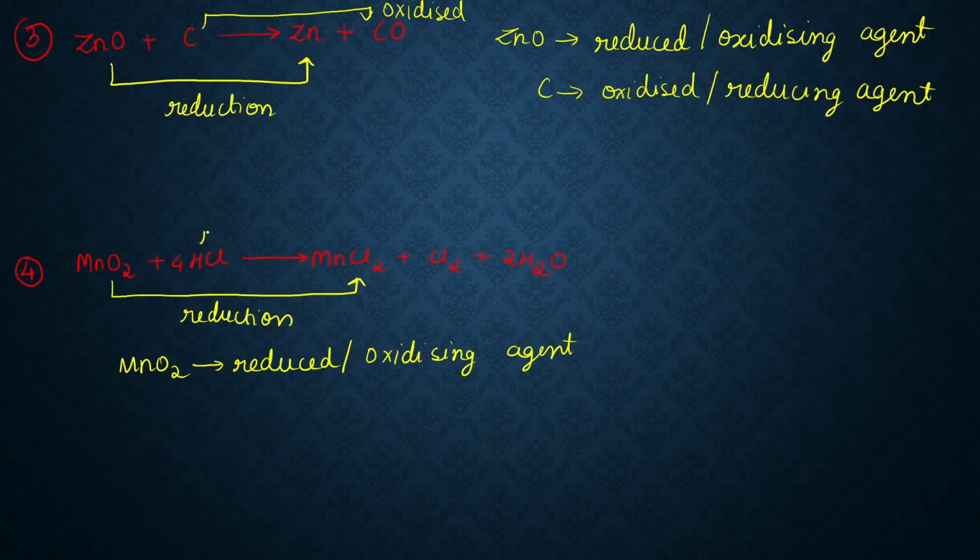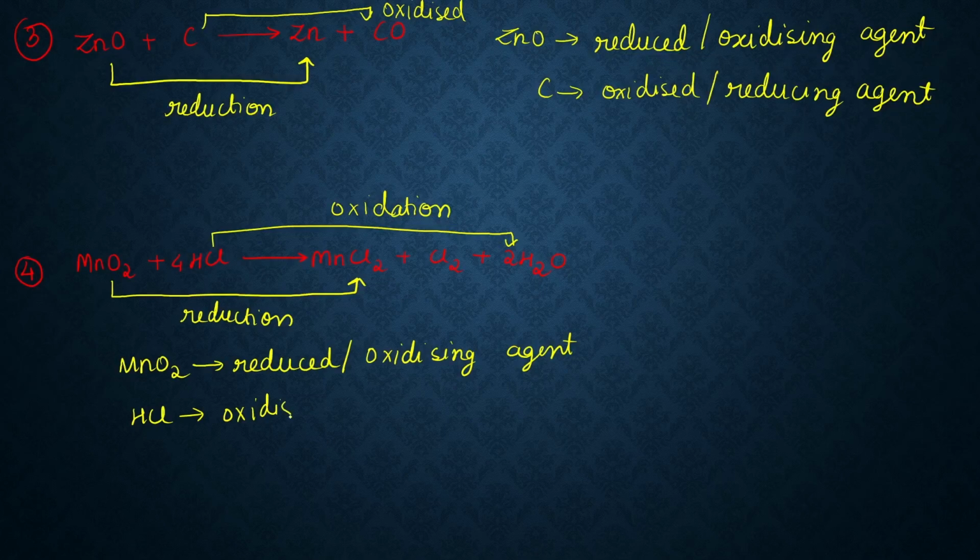Next, HCl undergoes oxidation. Here the hydrogen has gained oxygen, so it is undergoing oxidation. So HCl is getting oxidized, or in other words, it is a reducing agent.